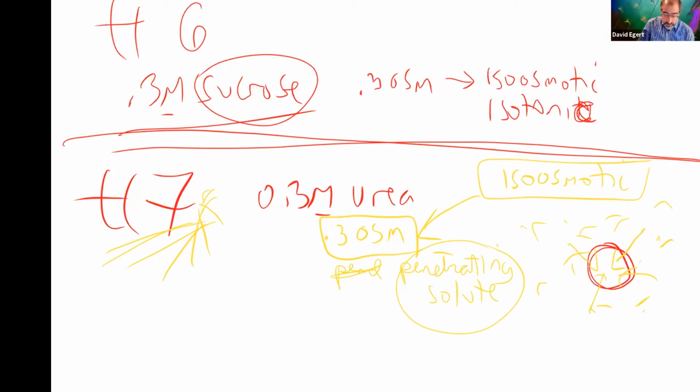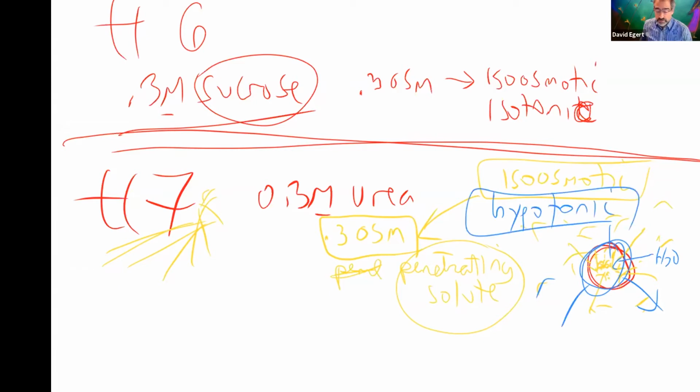As it enters, it increases the amount of dissolved stuff in the cell, and water follows the solute. As the solute increases inside, water comes in and follows along, which is going to blow the cell up. So that's why it's going to be hypotonic, even though it's isoosmotic. Does that make sense?